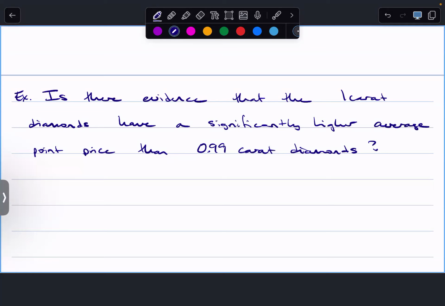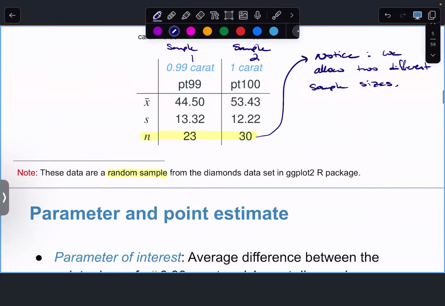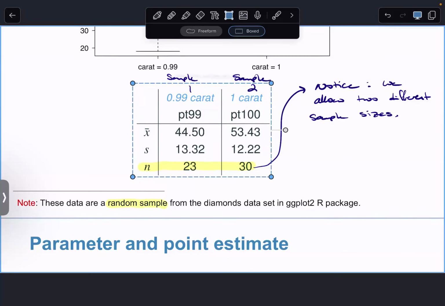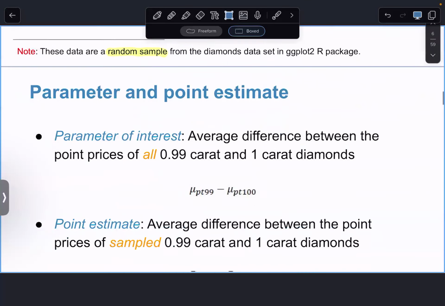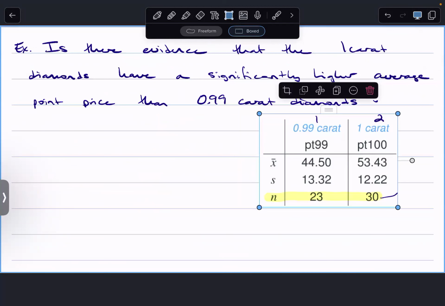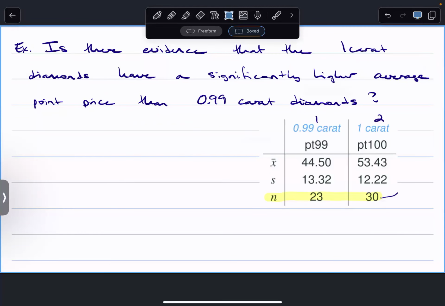Okay. I'm gonna grab the information that we have. Because I have a hard time reading from right to left, I always use the first one as sample 1 and the second one as sample 2.